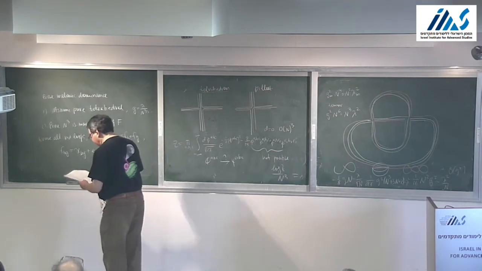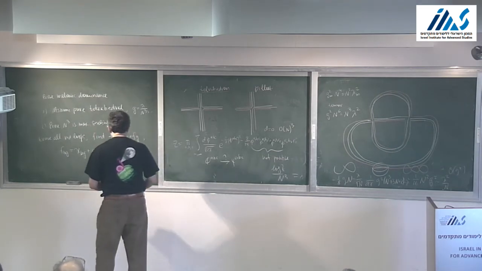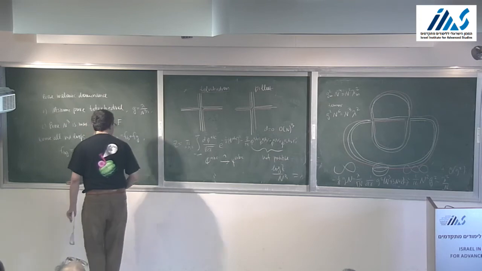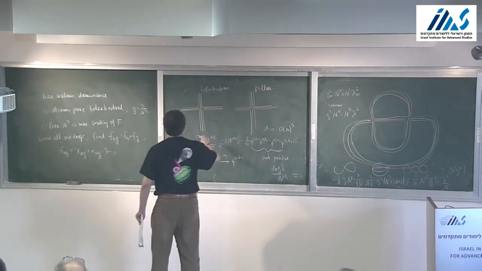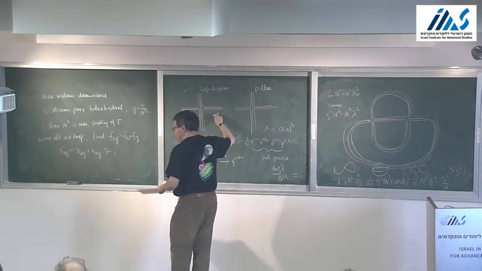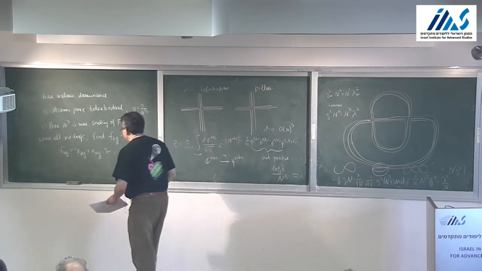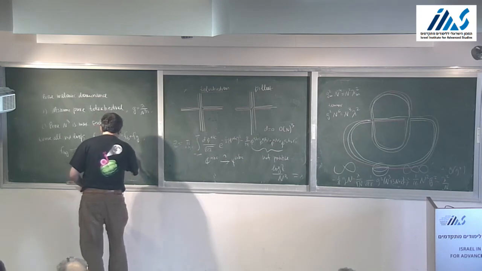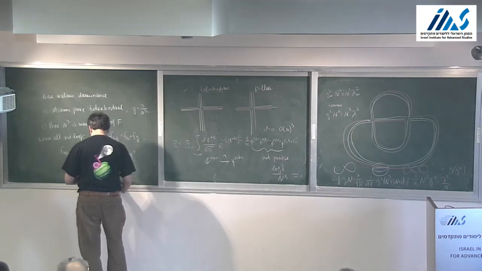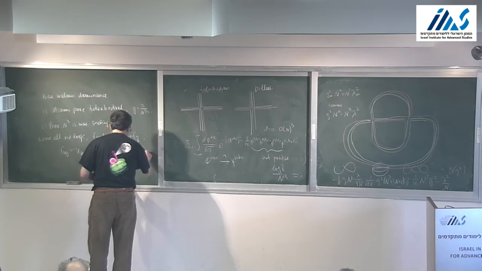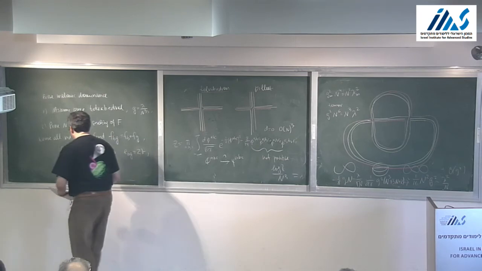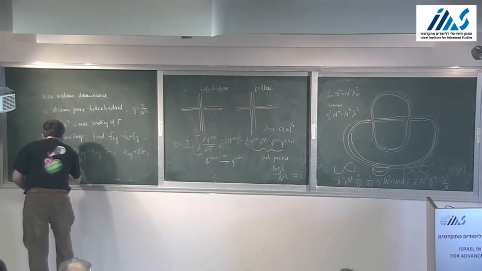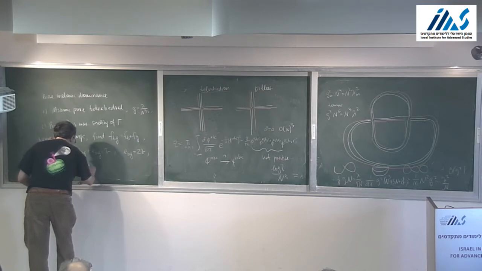But then from the topology of the graph you also have the constraint: if you go around each vertex and mark all propagators, you'll see that each propagator will be marked twice. So you also have the relation that EBG is equal to 2 times V. So therefore, this becomes FBG is equal to chi BG plus V.